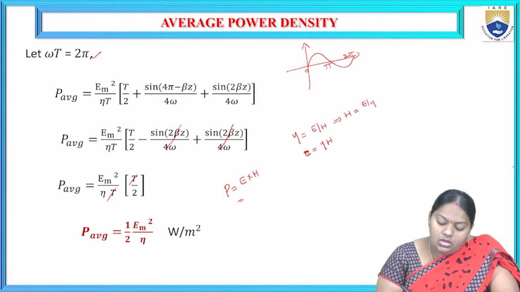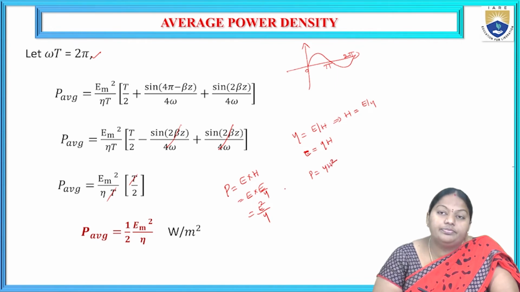So in general, E into H, if we substitute H by E by eta, then it becomes E square by eta. Or if you want to express in terms of E equal to eta into H, then it becomes P equal to eta into H square.